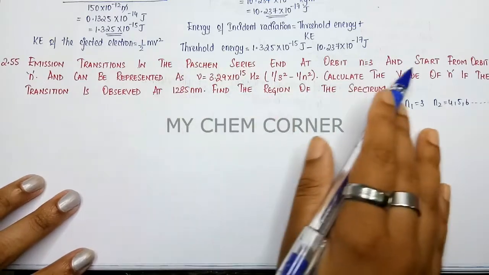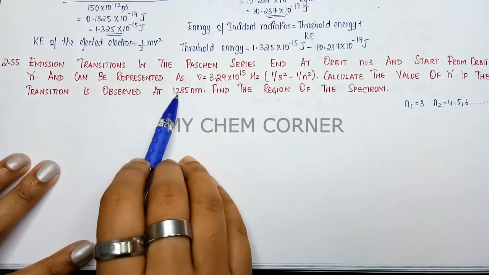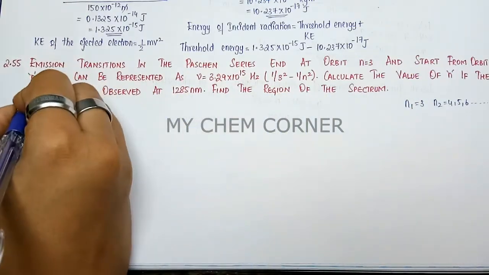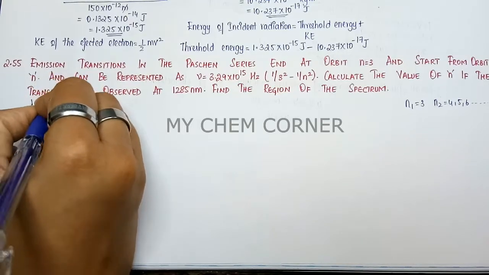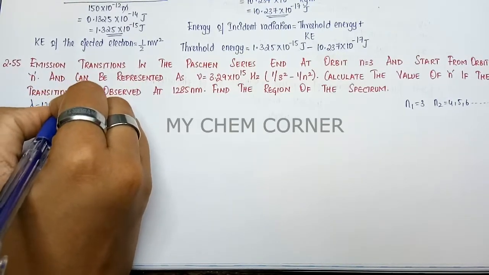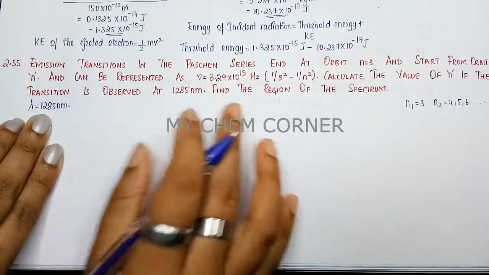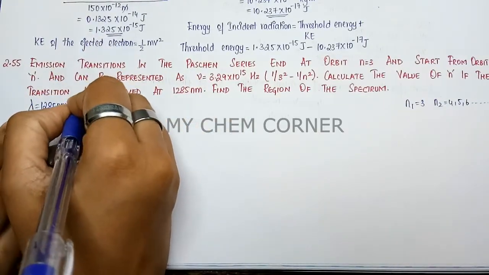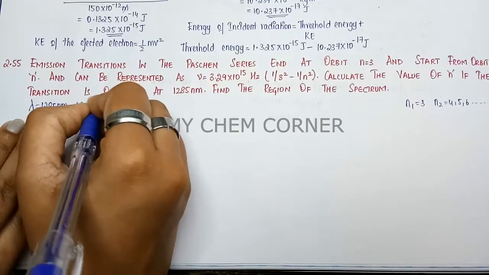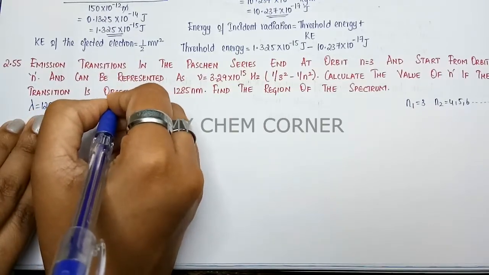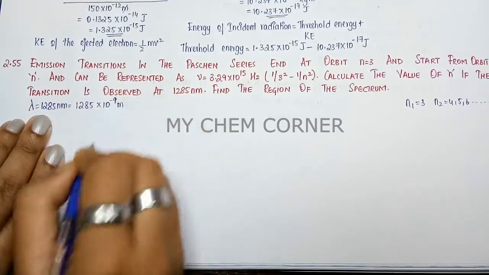We are given the lambda value, which is 1285 nanometer. This 1285 nanometer can be converted to meters, so that is 1285 into 10 to the power minus 9 meter.